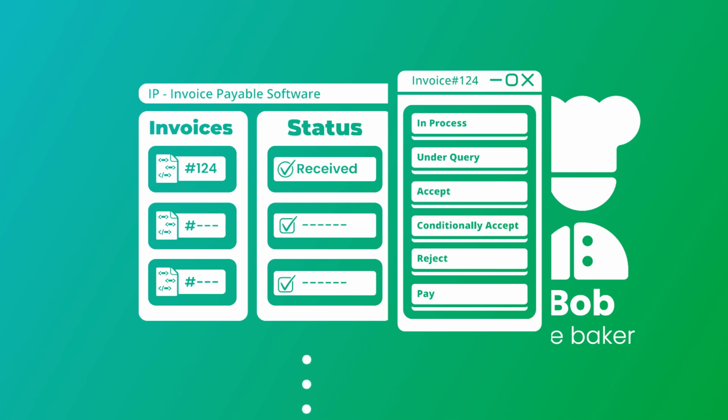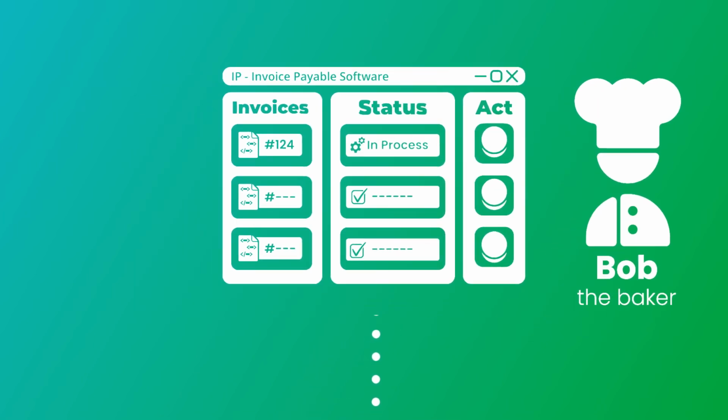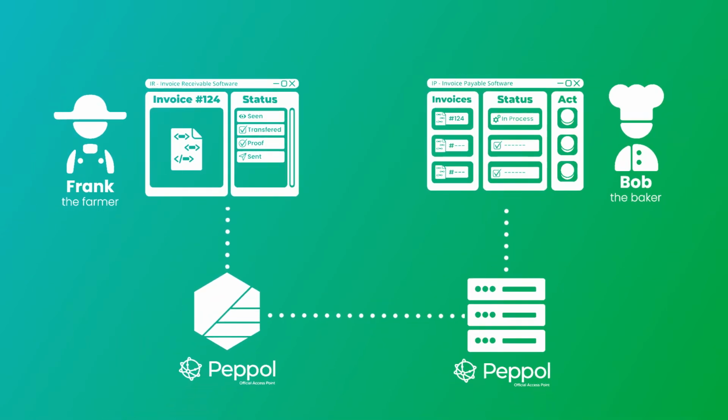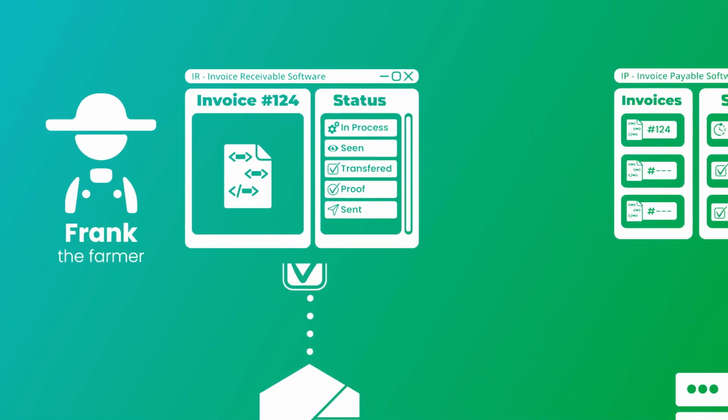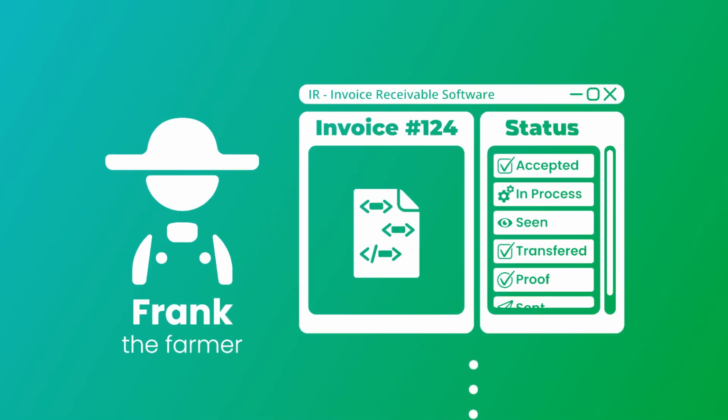In this case, Bob will open invoice 124, which will put it in process. This status will be sent from Bob's IP software to Frank's IR software through the Peppol network. Then, Bob will accept invoice 124, and this change will also lead to the status being changed in Frank's IR software. Frank can follow in real time the status of invoice 124, which changes as Bob processes it.